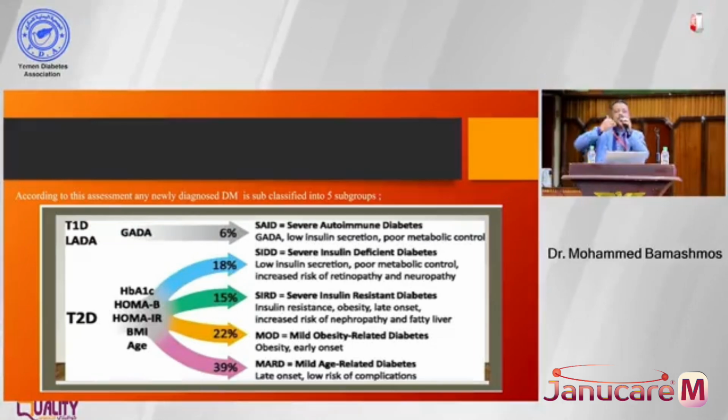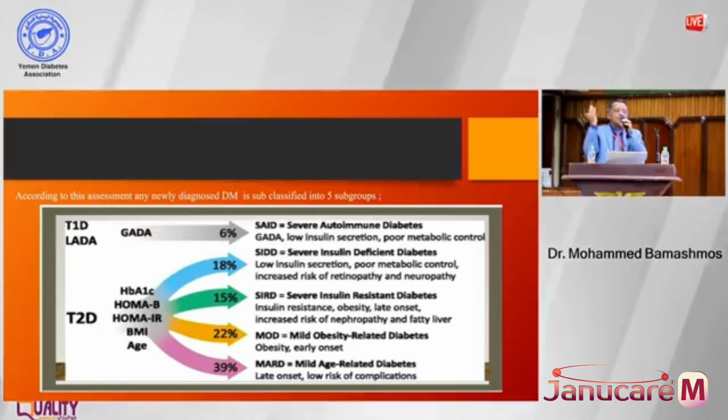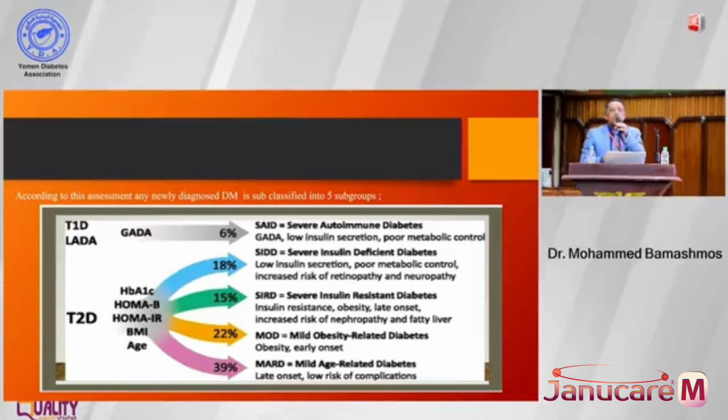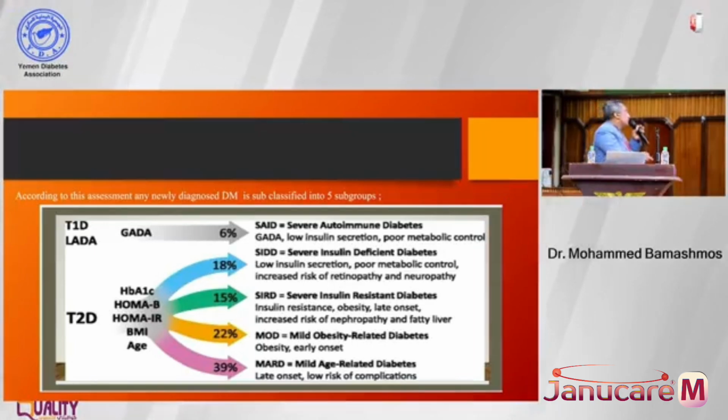This patient may present to you for the first time with ketoacidosis because of transient beta cell dysfunction, but the autoantibody of this patient is negative. So you can first treat him with insulin, then you can shift him to insulin secretagogues and add oral anti-diabetic drugs.